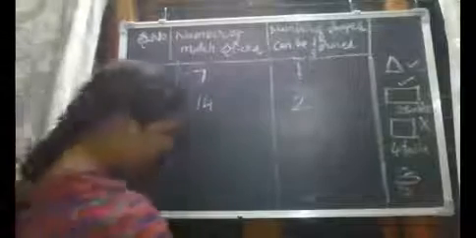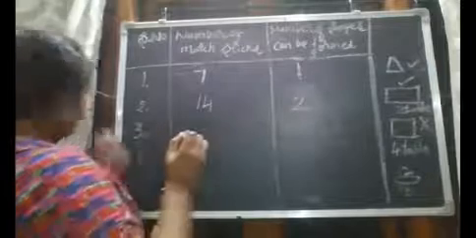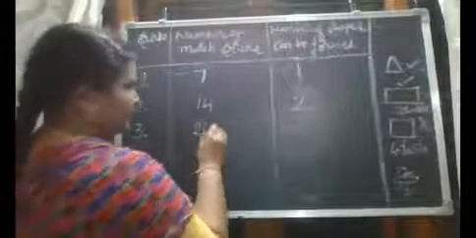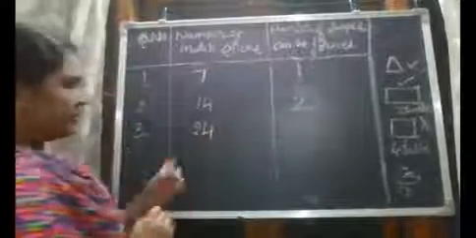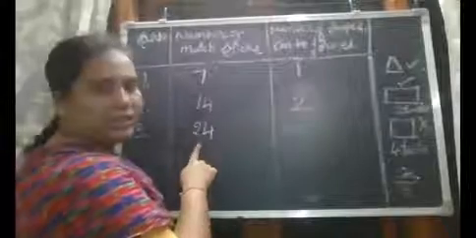Third one, 24. Okay, children? 24 is bigger than 3, so we can make a triangle.